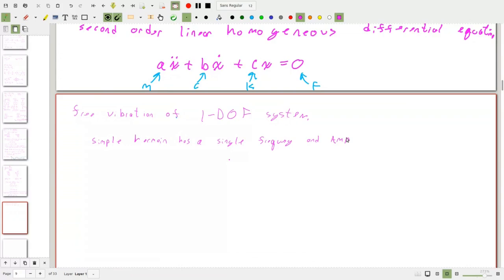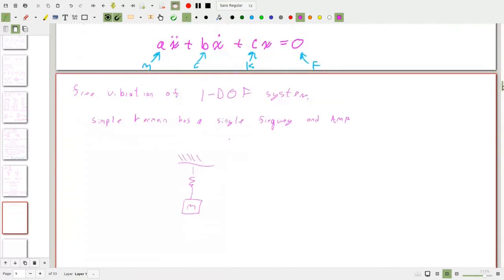Right. So I like to do it like this. If you have a system on a fixity, and you have a spring and you have a mass, you can put this on a timeline, t, and you can have a periodic motion, which may look like this.